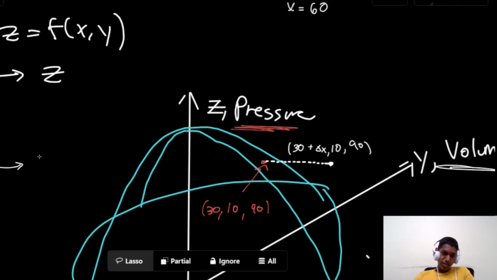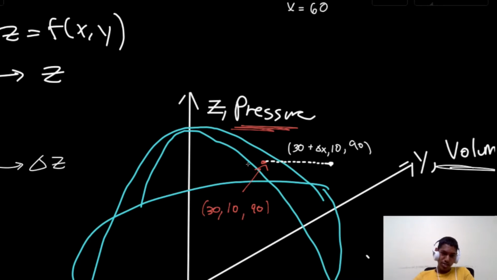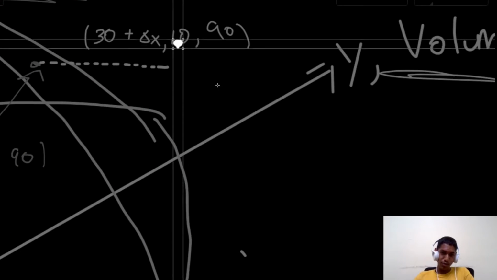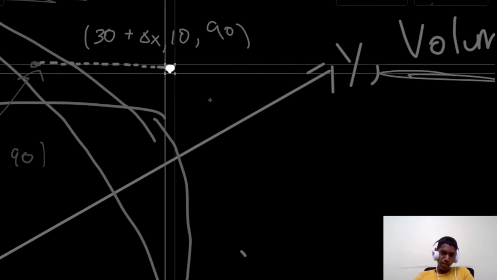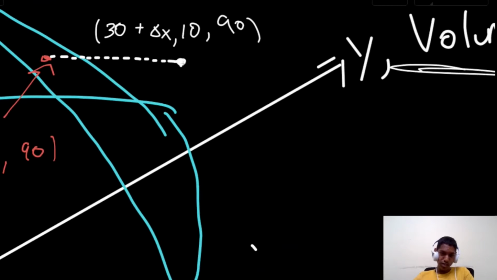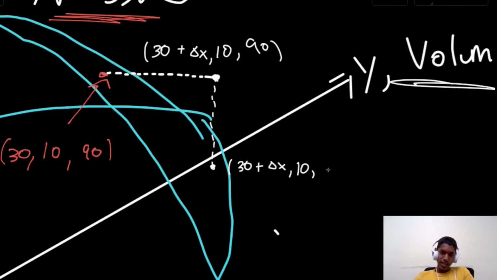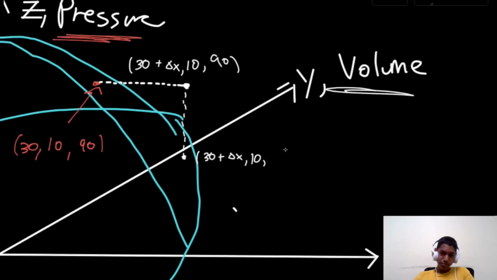So let me write that. Change in X will spit out a change in Z. So what you do is you just say, okay, we drag this point up and down just like we did before until we get to the curve. So we get down, maybe we get down right there. So this right here is going to be 30 plus that delta X, just like before, and then the 10 stays there, and this is perhaps 10.